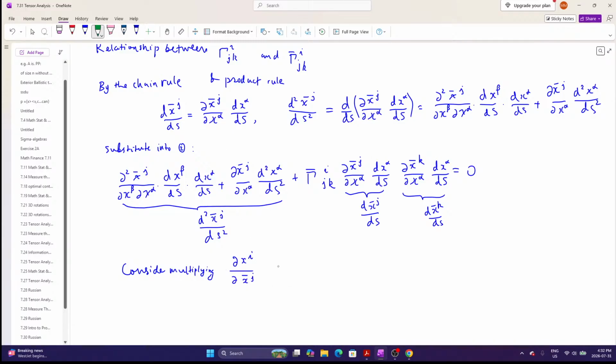Because doing so, dx^i over dx bar j times dx bar j over dx alpha times d squared x alpha over ds squared can now be simplified.